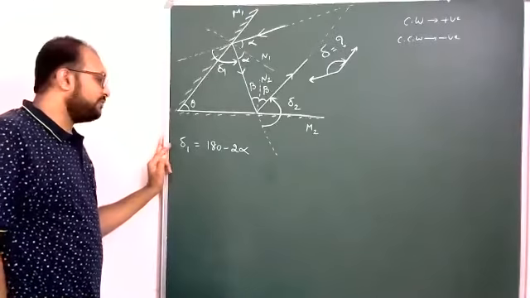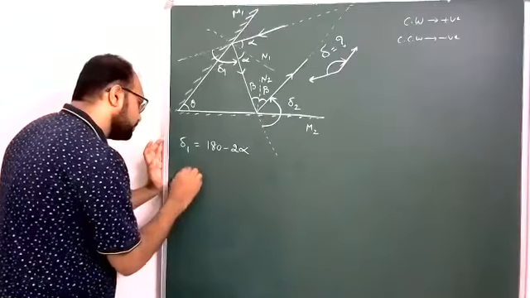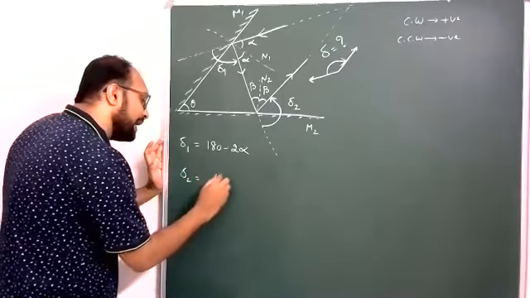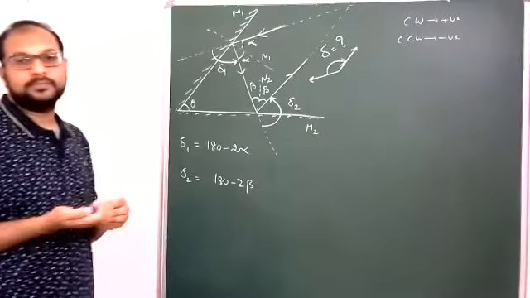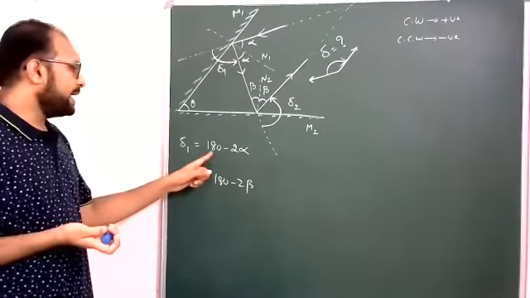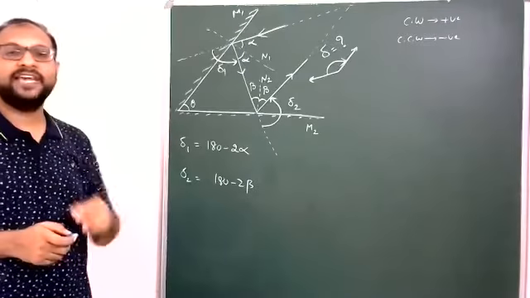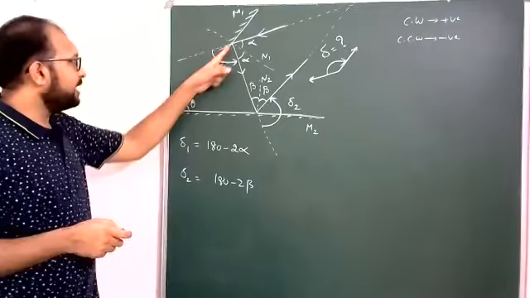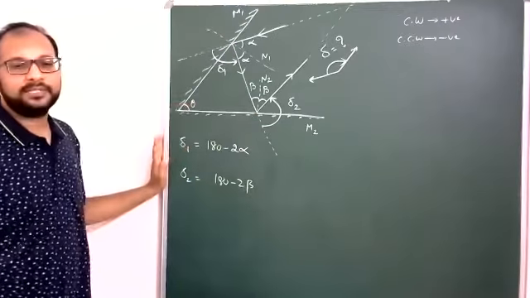Similarly, delta 2 is again 180 minus 2 beta. 180 minus 2 alpha and 180 minus 2 beta are the two deviations: the deviation of the first reflection and the deviation of the second reflection.